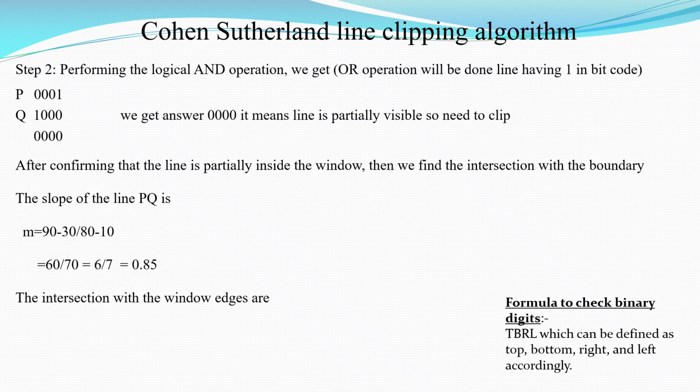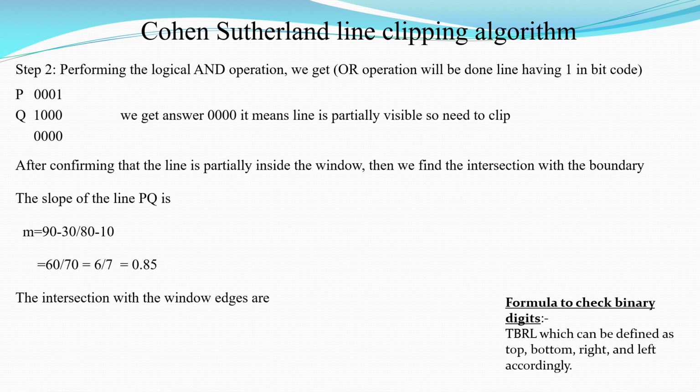But in our case P has region code 0001 and Q is 1000. So in the second step we perform a logical AND operation and we get 0000. It means we can clip the line, and it will be partially visible if you clip that particular line.